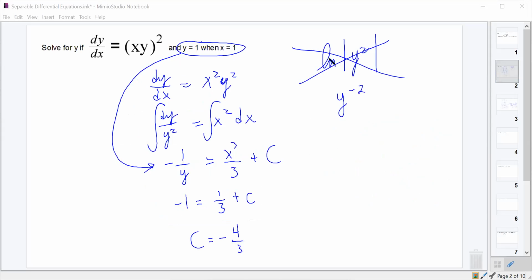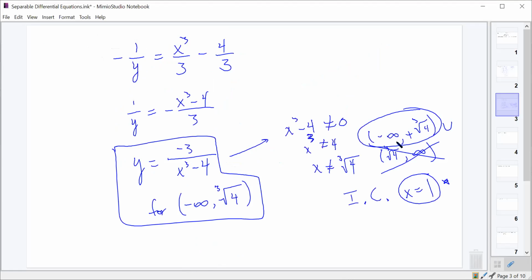What's the reason again that we only want one set for the domain? So it's just a technical thing that we do. It's called the interval of validity, and the reason we only choose the one piece is because we could have any constant on any of the other continuous sections of it, but we have to specifically have a constant of negative 4/3 between negative infinity and the cube root of 4.